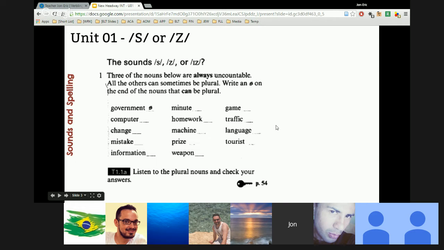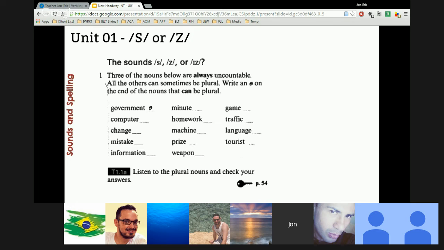Which one of these do you remember goes in the S column? Mistakes is correct. Good. Tourists. Very good again. Minutes is also good. In fact, that's all of them. Governments, mistakes, minutes, tourists. All of those four.